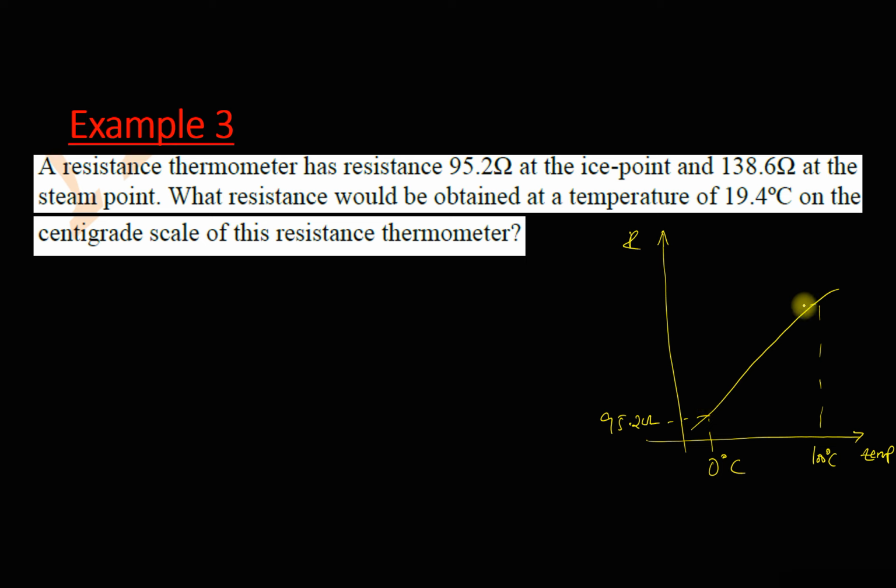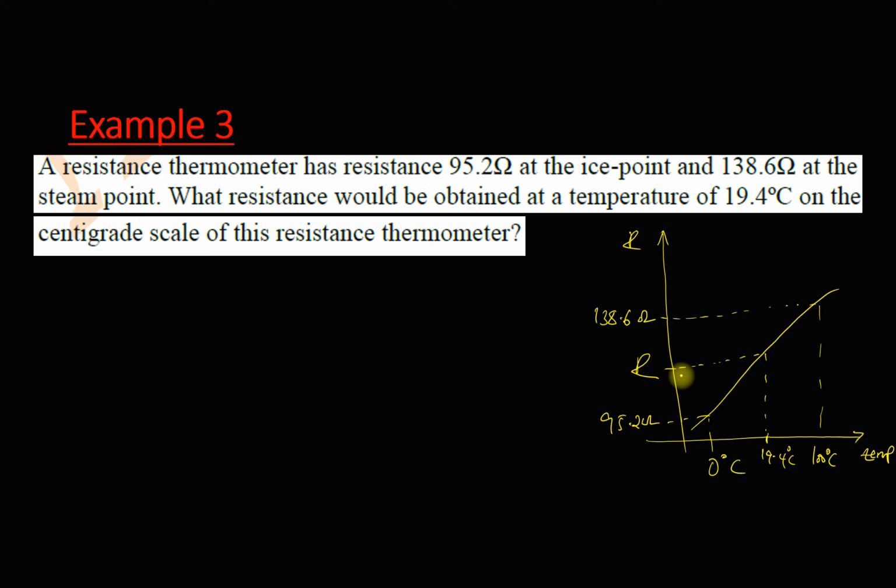Then at steam point, the resistance is 138.6 ohms. And we want to find the resistance when the temperature is 19.4. So 19.4 is between here. I can just estimate. So let's say this is 19.4 degrees Celsius. For 19.4, we want to find the resistance. I'll just call it R.